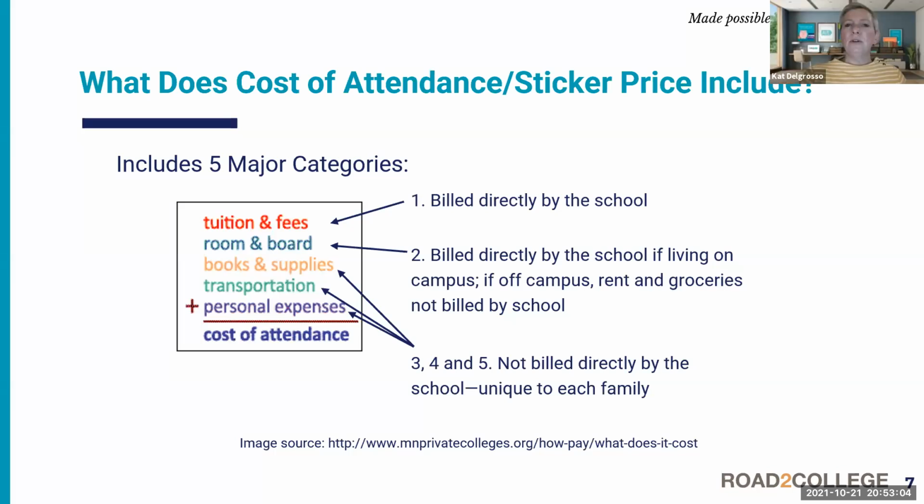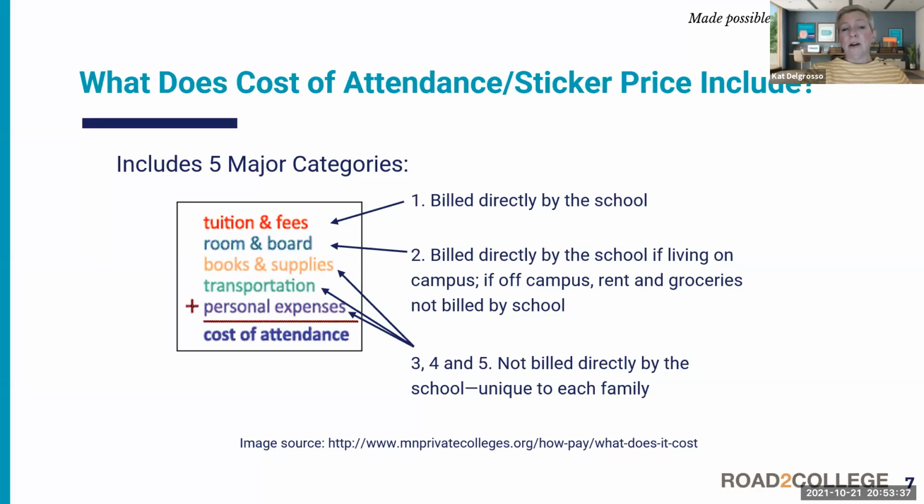And you have to be very careful of that, because that's why I wanted to go over these 5 categories again, because all the stuff that you're going to be looking at is going to include these 5 categories. They may break it down and say, here's tuition, and then under that, they might say health insurance fee, or they could have a bunch of different types of fees listed, but they're all individual.